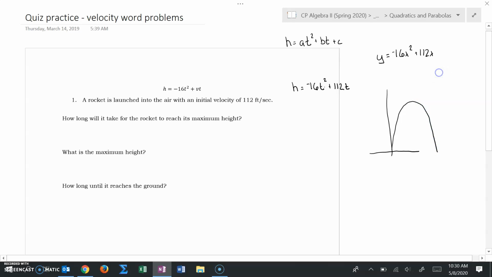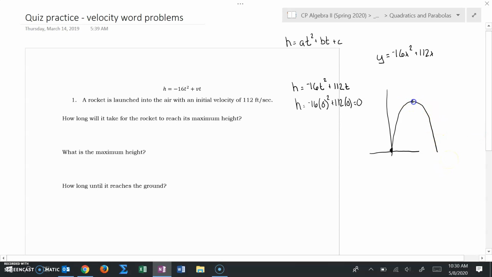We know it goes through 0, 0, because if t is 0, then h ends up being 0 as well. So we know it goes through 0, 0. And this is going to represent the rocket. So at 0, the rocket's on the ground. It's going to be launched. It's going to go up. It's going to reach some maximum height and then come back down.